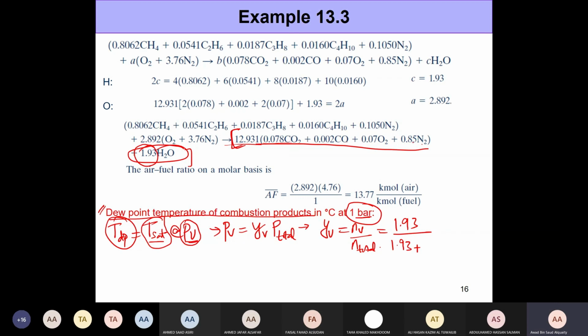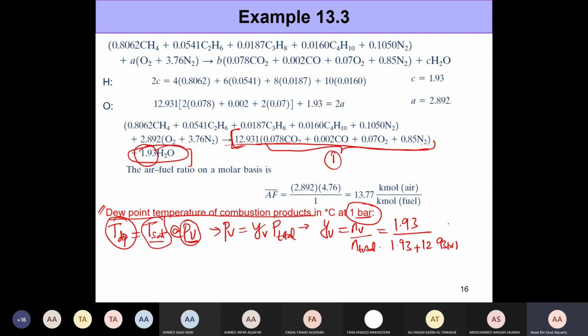Now the dry product analysis is typically done in a way such that the sum of all these different gases should come out to be 1. So it's basically when you add it up, it's 100%. So it's 1.93 plus 12.931 times 1. When you add this up, this comes out to be 14.86.